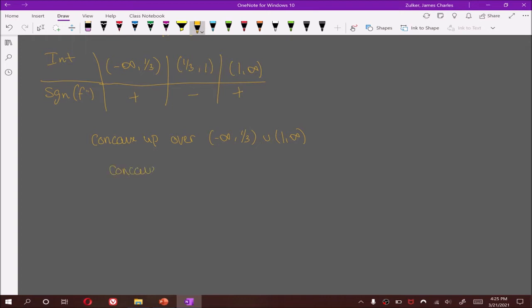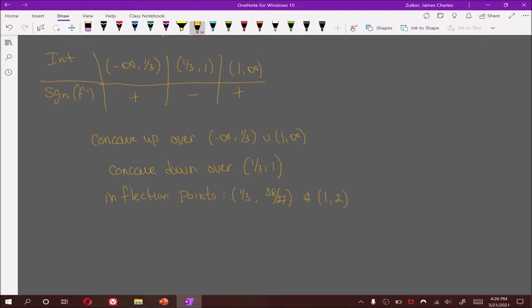We are concave down over a third to 1. And we have 2 inflection points. We have 1 at a third. We plug a third back in to the function, we get 38 over 27. And we have 1 at 1. Plug that back in, we'll get 2.